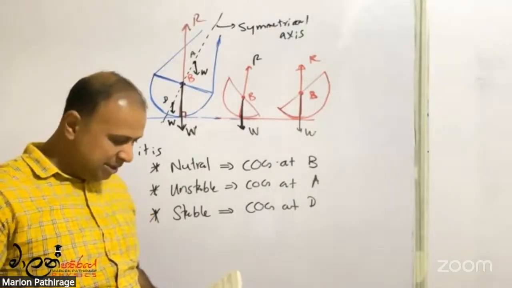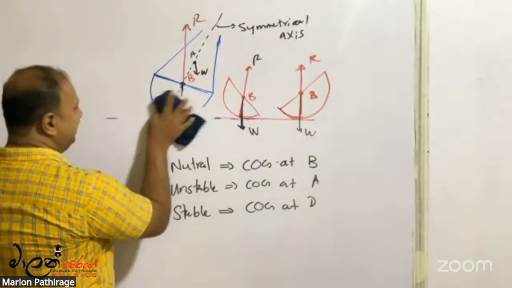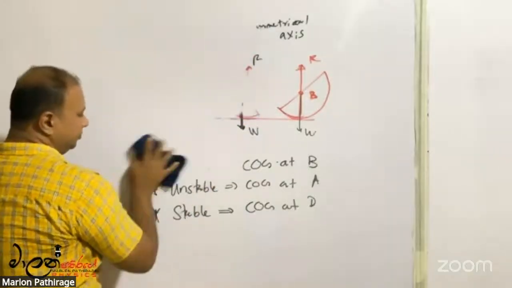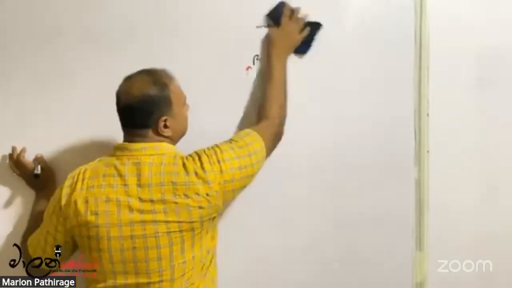Point B. There is a small belly. Just look, if you bend like this, normally your normal reaction moves towards your toes.